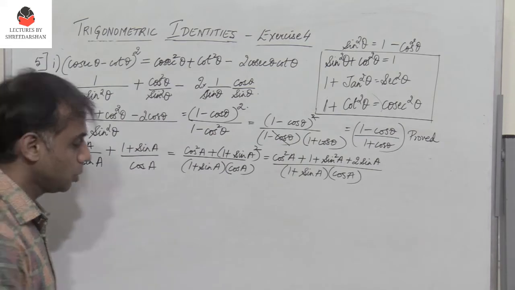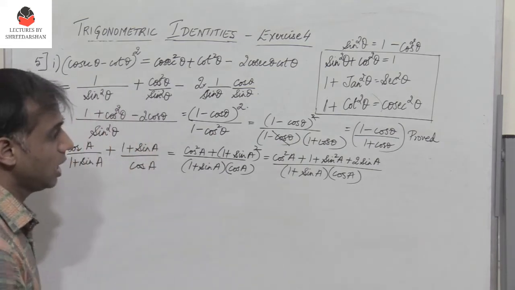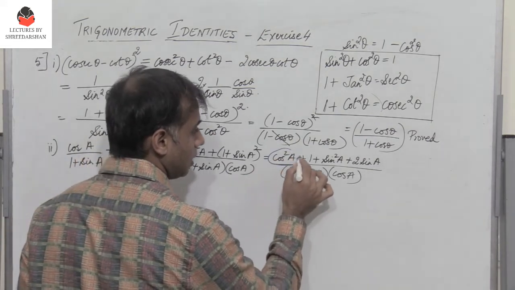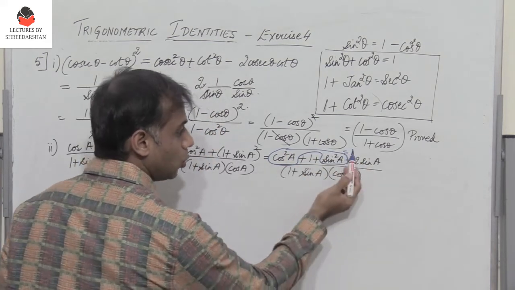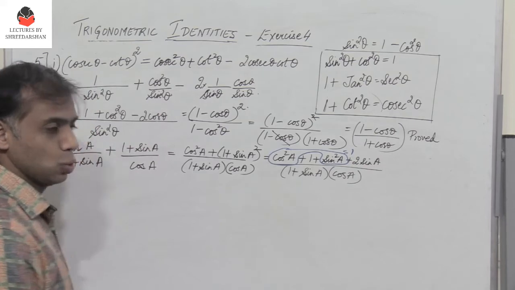So here what do we observe? We have cos square A and sine square A. What is this equal to? This is equal to 1, so 1 plus 1 gives me 2.